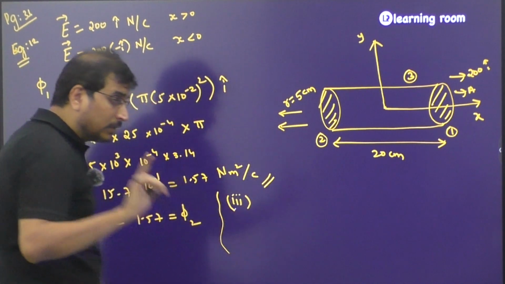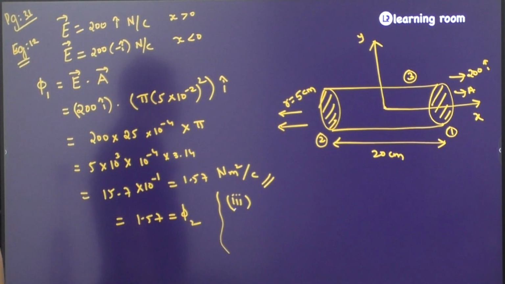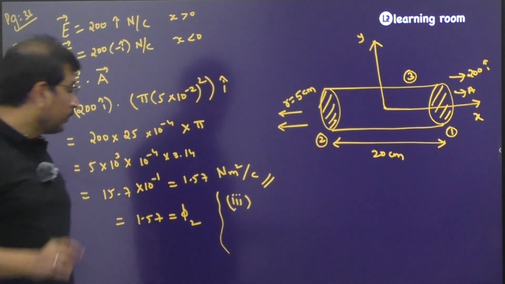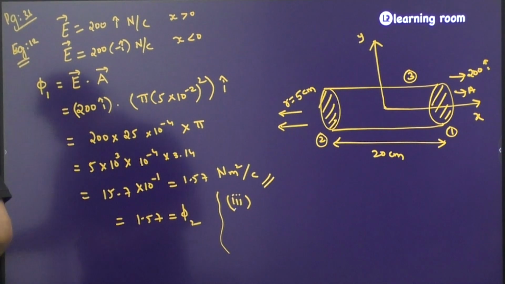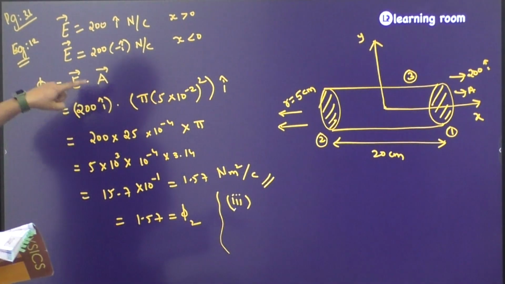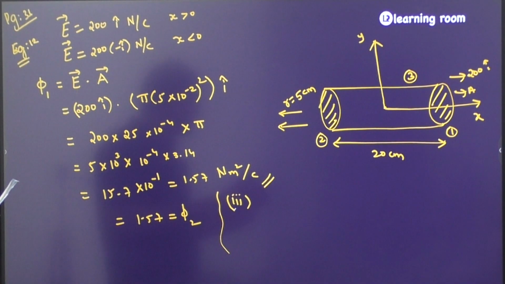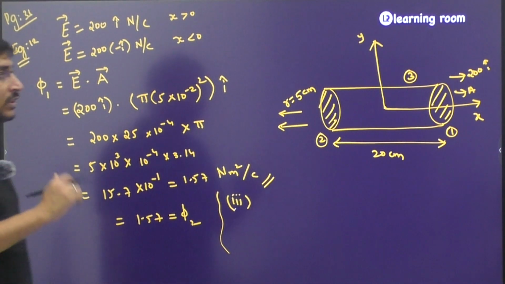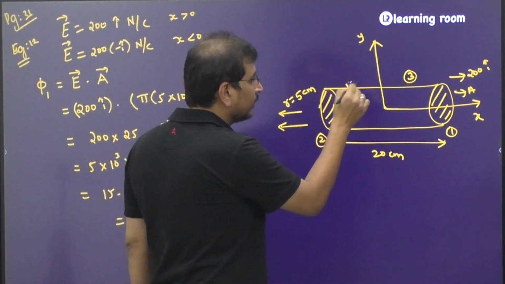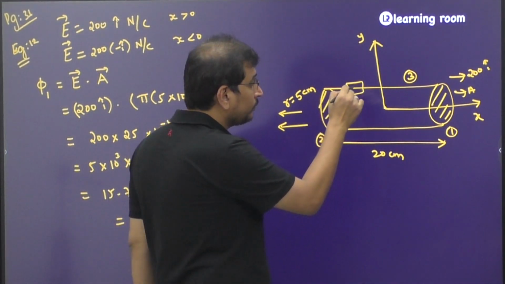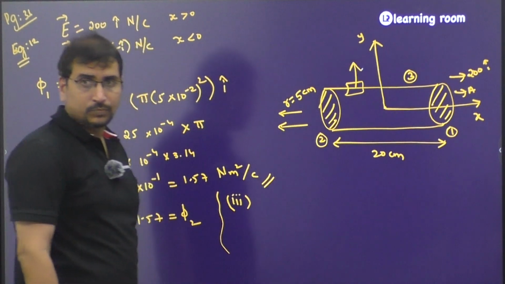What about the third question that they are asking? Sorry, this is the answer for the first one, the flux through the first and the second flat surface. What is the flux through the side of the cylinder? For the side of the cylinder, the area vector is in the upward direction.